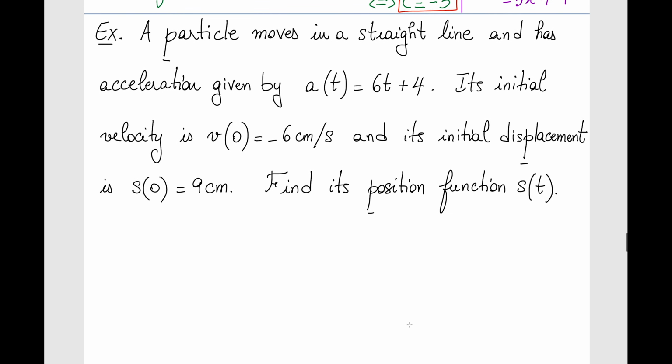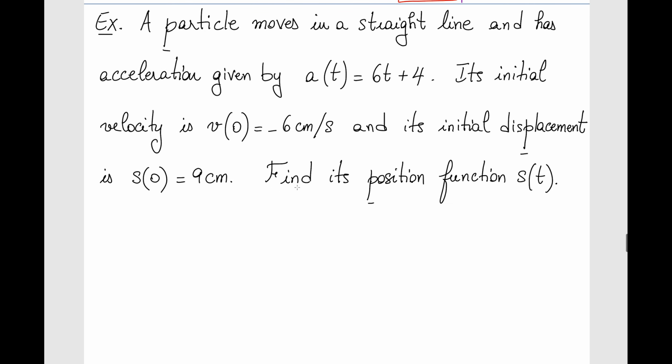What do we have? We have that a particle is moving in a straight line, so it's a rectilinear motion, and has acceleration given by a of t is equal to 6t plus 4. Its initial velocity is v of 0 equals minus 6 centimeters per second. Remember, velocity may be negative, may be positive.